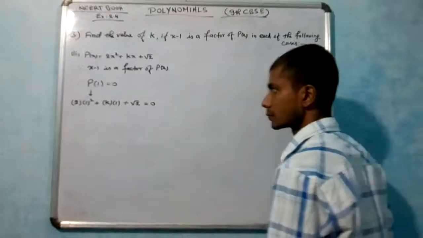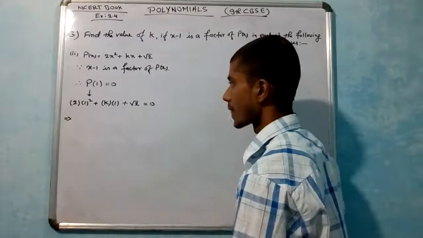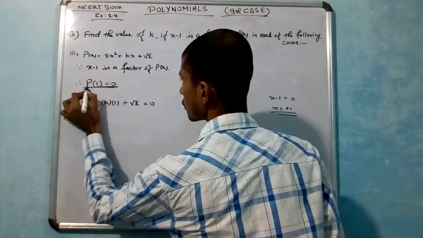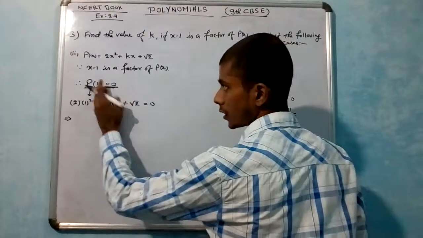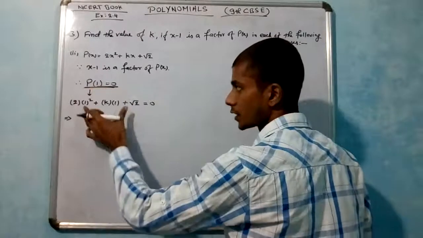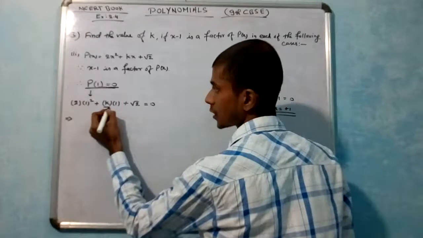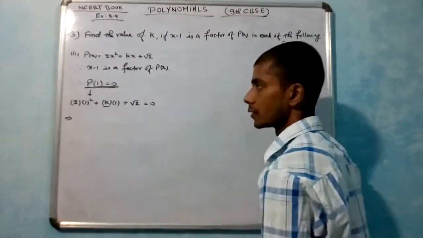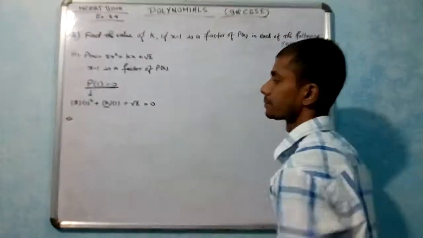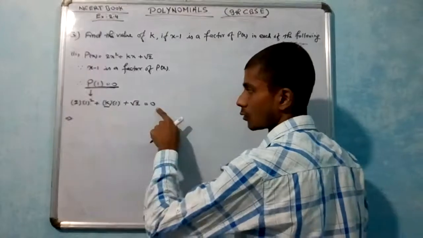Fine. And next we have to solve. This is the equation. Equation means an equal to sign, something on the left hand side, something on the right hand side. That complete thing is called an equation. Now we are solving this equation. After solving it, we will get the value of k. That's what we need to find.